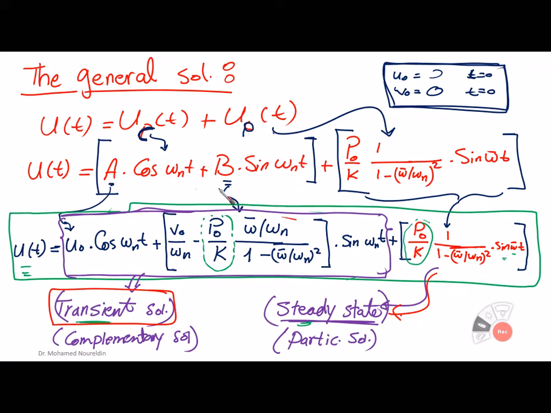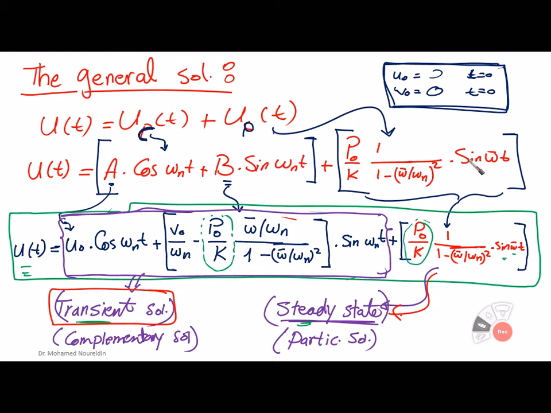As you can see, this part has nothing to do with the forcing frequency or the force being applied to the system. So this is what we call the complementary solution. The second part of the solution we call the particular solution.